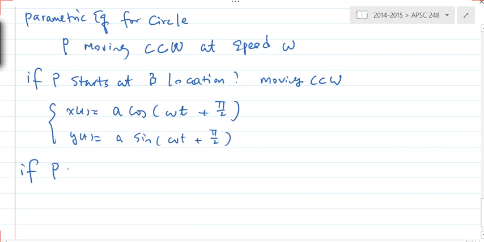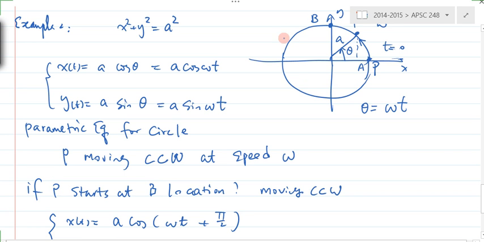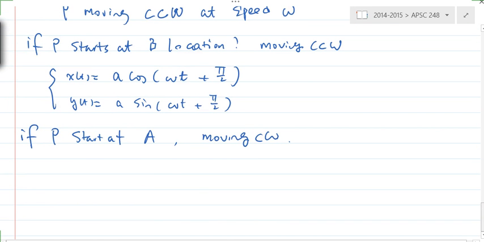So if P starts at A, but moving clockwise, so moving this way now, what would be a suitable parametric equation describing that point P motion?